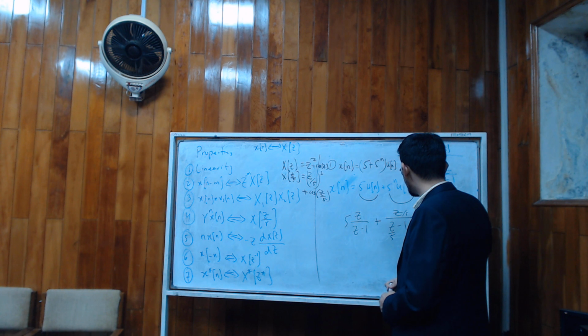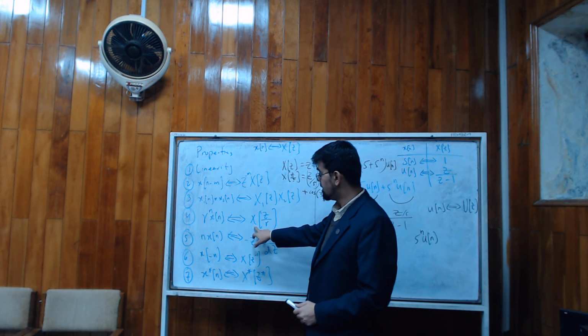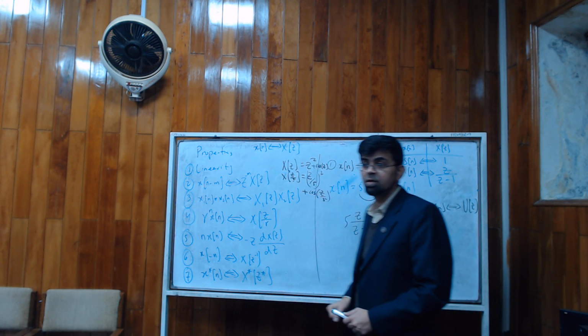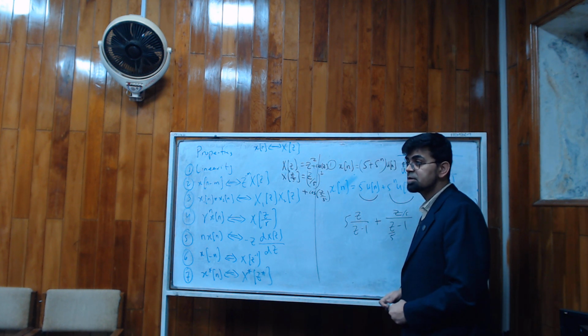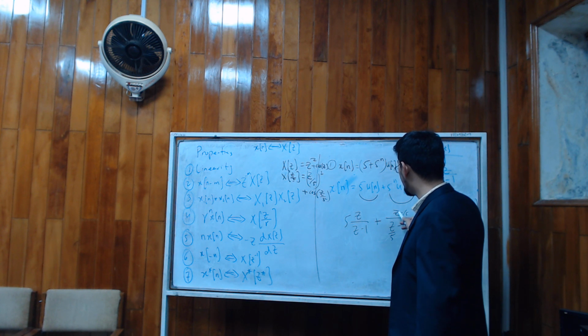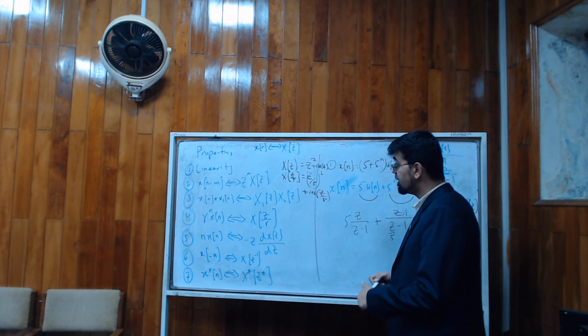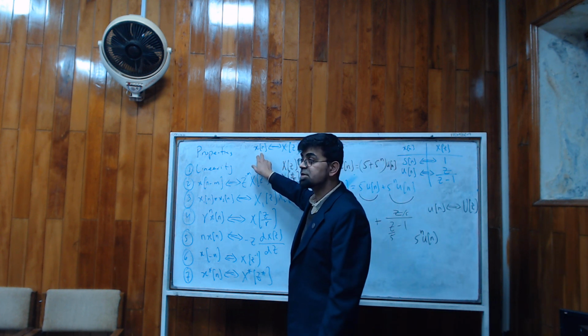So now un was z by z minus 1. 5n un is saying make it z by gamma, which is z by 5. So replace z everywhere by z over 5. Again, this x(n) is not really x(n).